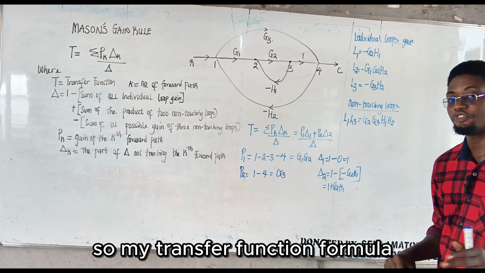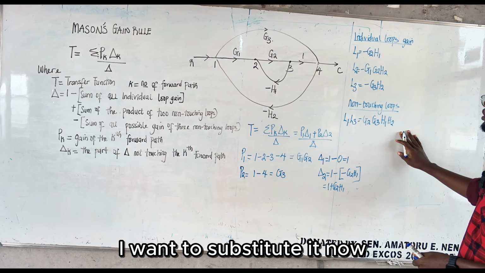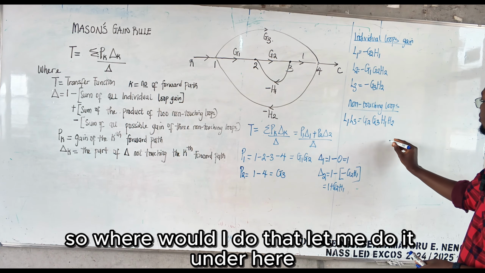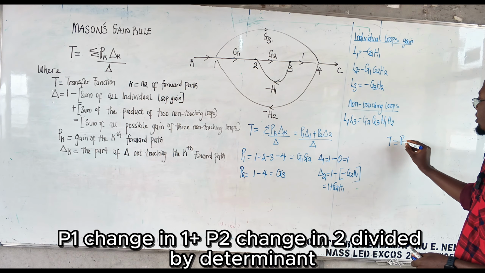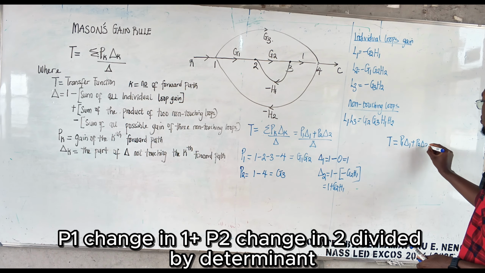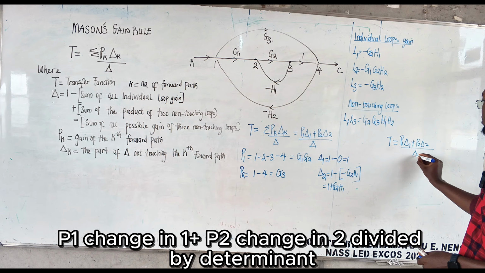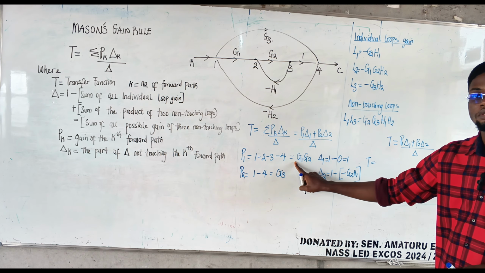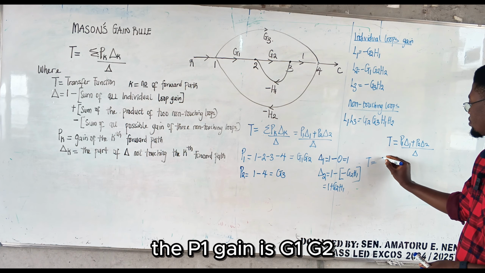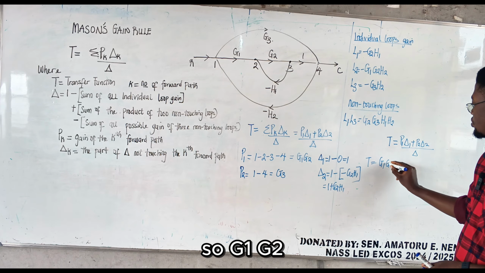So where will I do that? Let me do it under here. The transfer function is equal to P1 delta 1 plus P2 delta 2 divided by the determinant. So my transfer function is equal to, what's my P1? The P1 gain is G1 G2. So G1 G2.